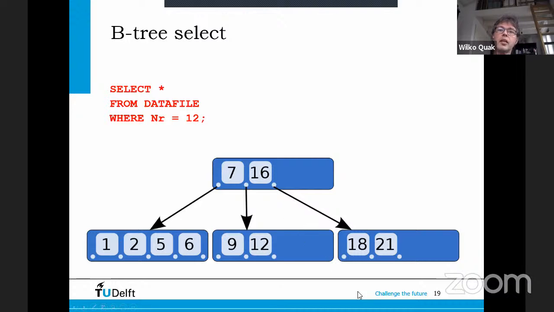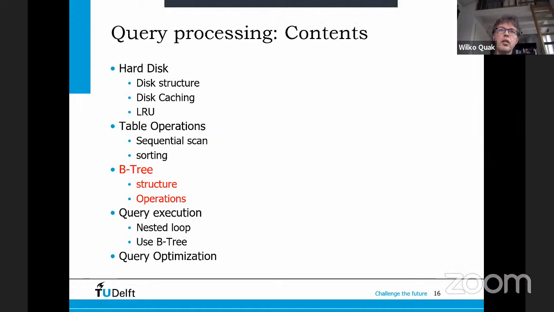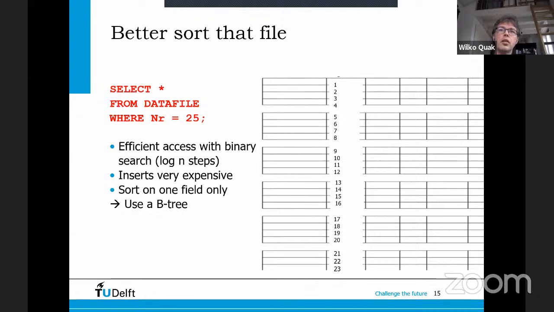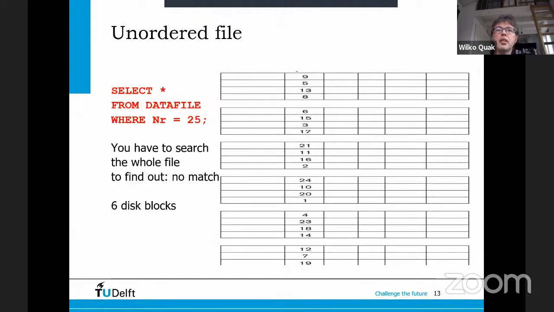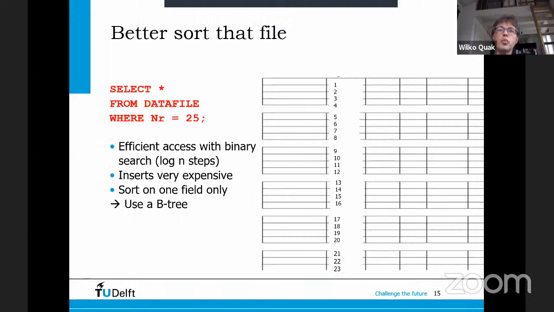I see a question: what happens if the value is 7? You mean, I guess, the value over here? If you search for 7, then what happens? Or was this question already for a previous slide? Well, if the value is 7, for this one, you start searching over here. Okay, not for here, I see. Was the question on this slide? No, I assume this one.